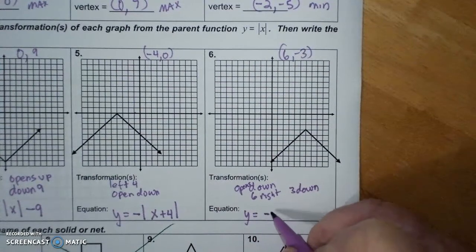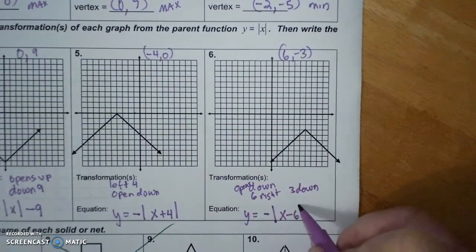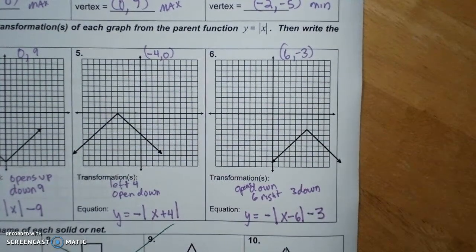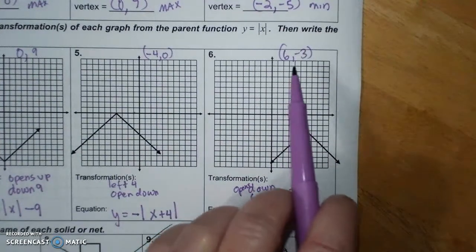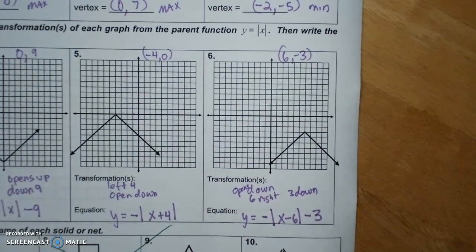Y equals negative absolute value of X minus 6 minus 3. So again, see the +6 becomes a -6 in there. It looks opposite to me. To me, it always has looked opposite.